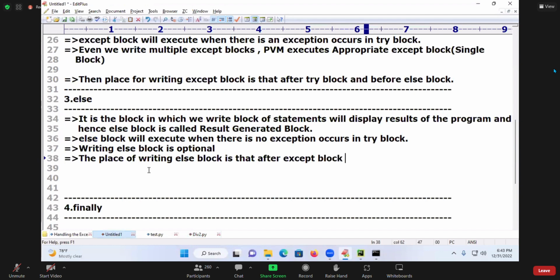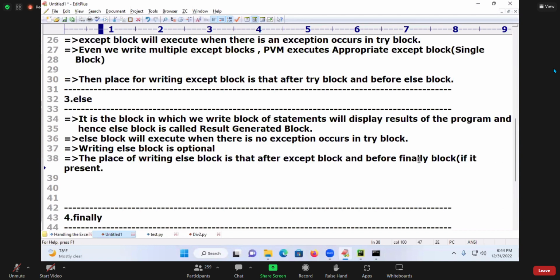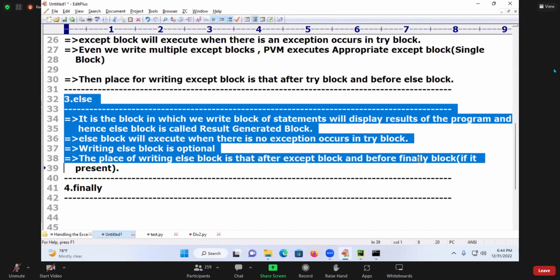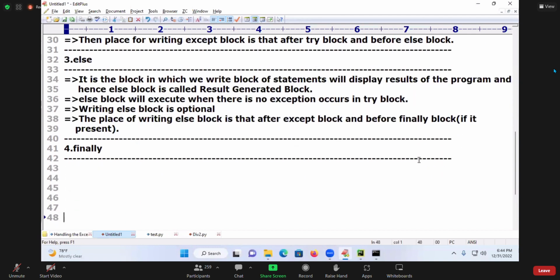Finally block. Before finally block, if finally block is present. Finally block is also optional only, but if at all finally is present, it will come after this. So I am going to explain about the finally block. Are these 4 points clear? So this is about else block.